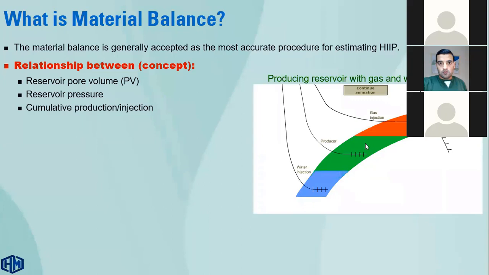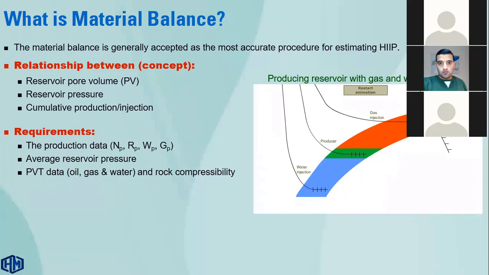So as you can see, we have this reservoir with this initial condition, and with production we have oil produced versus time, and we may have gas injection or water injection, or water from an aquifer, and so on.